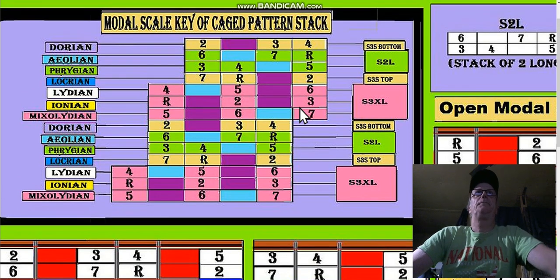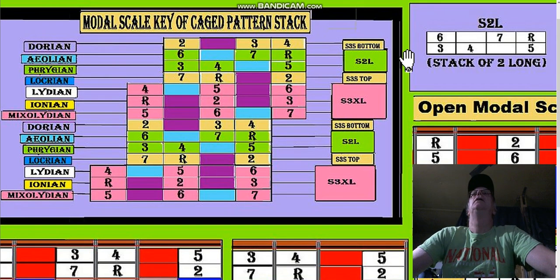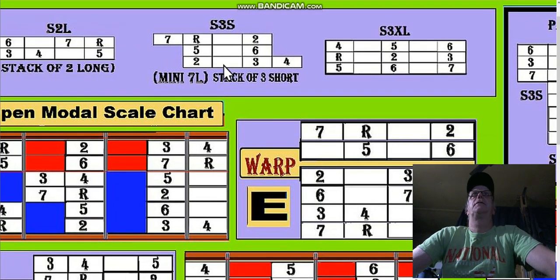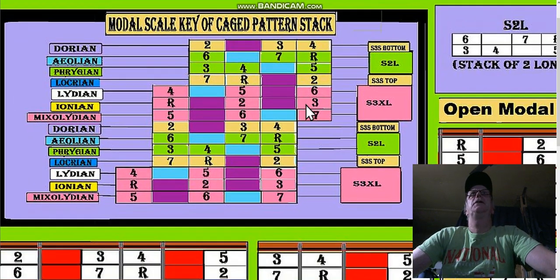So this pattern stack doesn't have any notes to the left of the first fret. So you start on 5, you're not going to be over here, whereas when this one starts on 5, you're going to be one to the left for the other members of this. So the 5 starts there, you're going to be one to the left for the 7. The 3 stacks on top of the 7, that's left of the bar. Okay, so these are all to the right of the bar, and that's very important.